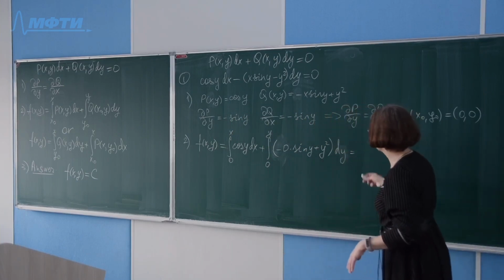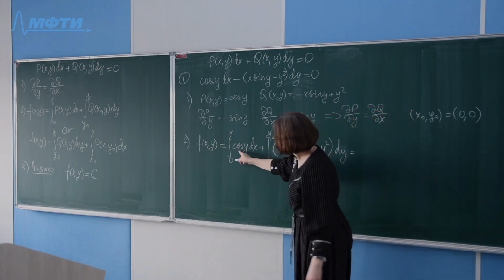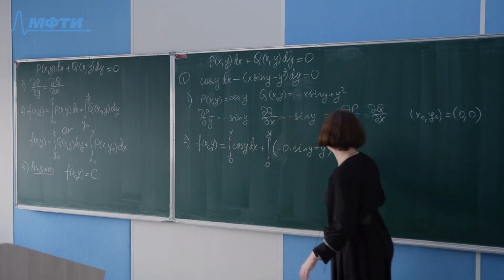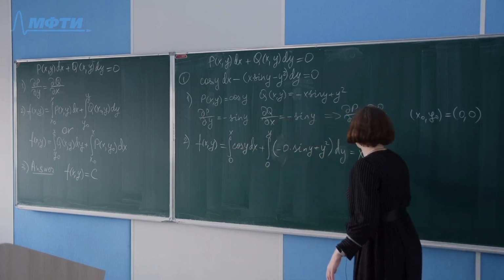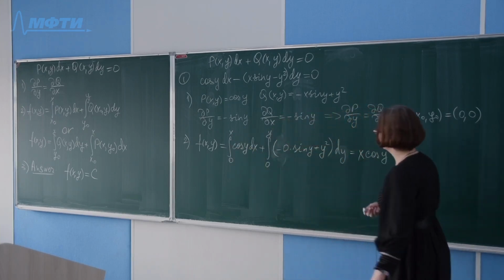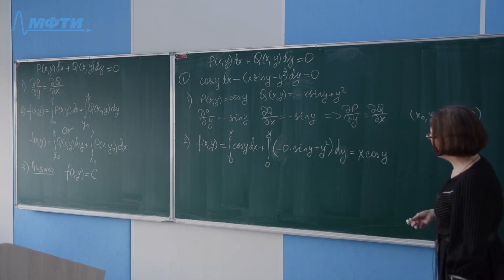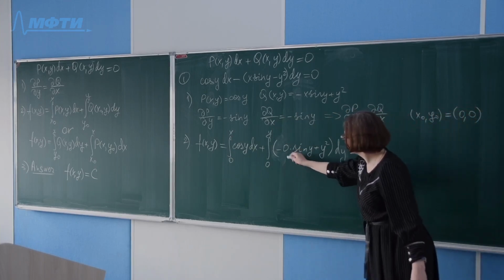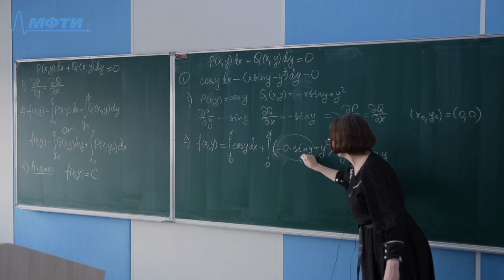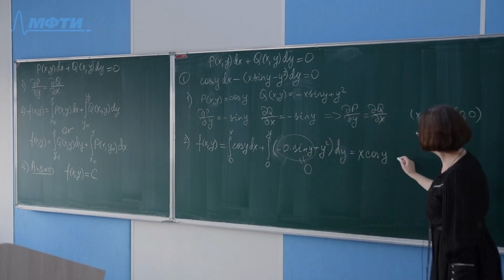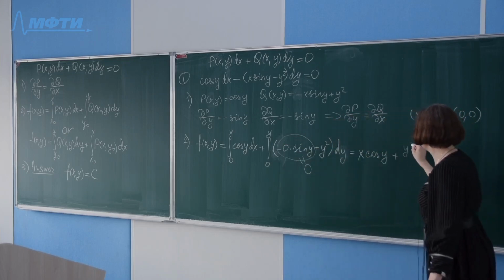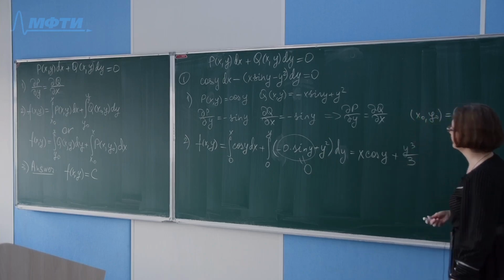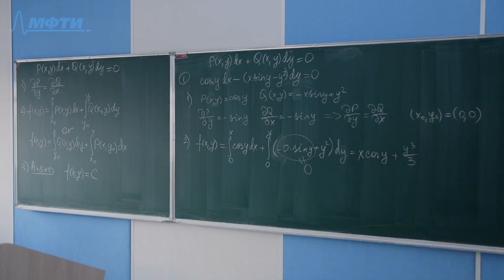And so if we integrate cos y from 0 to x, the answer will be x cos y. And then 0 times sine y is 0. And we integrate y squared, and this will give us y cubed over 3. So this is our function.